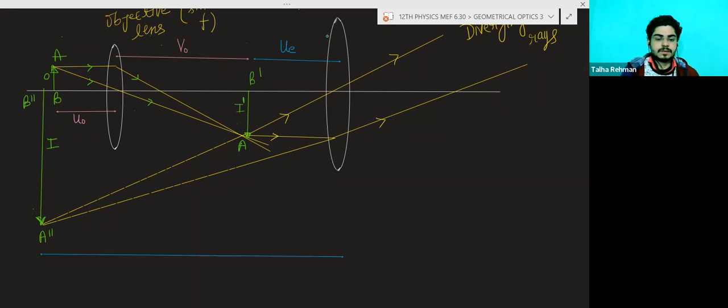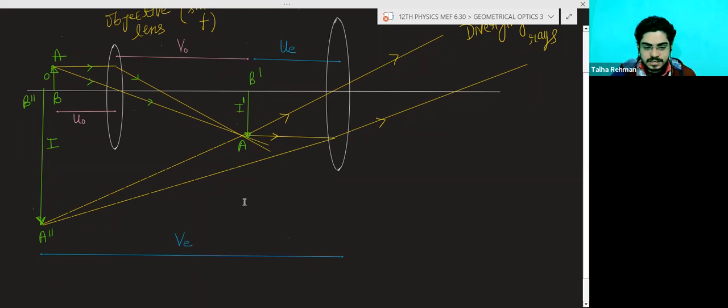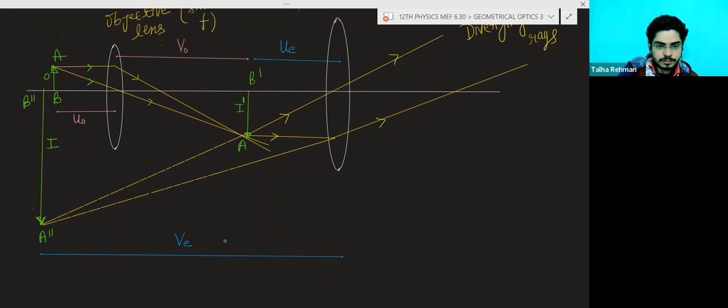It will be VE, the image distance for the eye lens. You can mark the focus of the eye lens. Somewhere here will be the focus of the eye lens, because the eyepiece lens is bigger than the objective lens, and here will be the other focus.